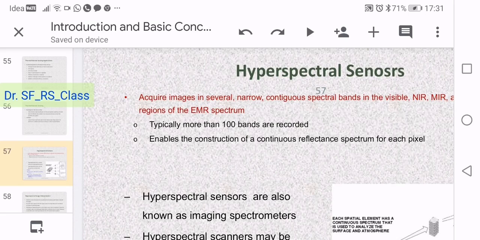Very narrow bands enable the construction of a continuous reflectance spectrum of each pixel. We will be able to construct a continuous spectrum for a single pixel. All individual pixels will have hundreds of band informations. Each band will have its own characteristic, and all these bands we can plot into a spectral curve.